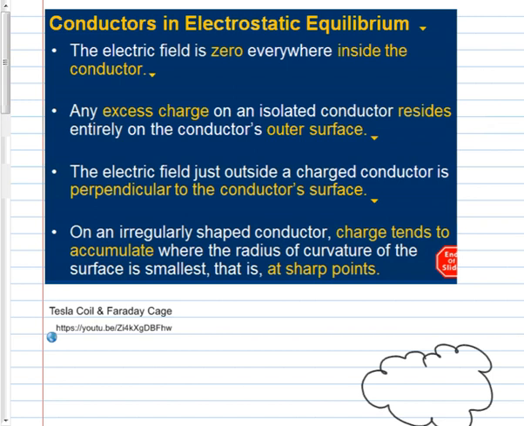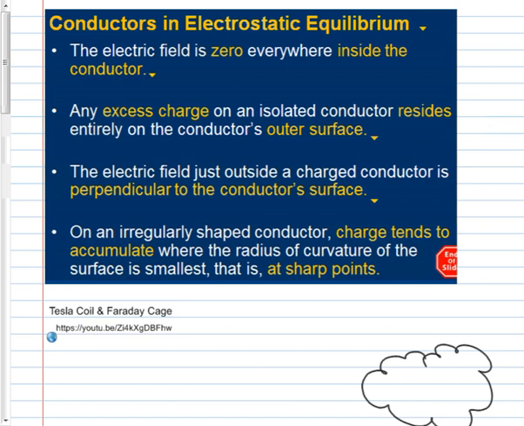Excess charge on isolated conductors reside on the outer surface. I think I already said that one. But the third thing, the electric field just outside a charged conductor is always perpendicular to the conductor surface. We kind of saw that on the drawing, those field lines.